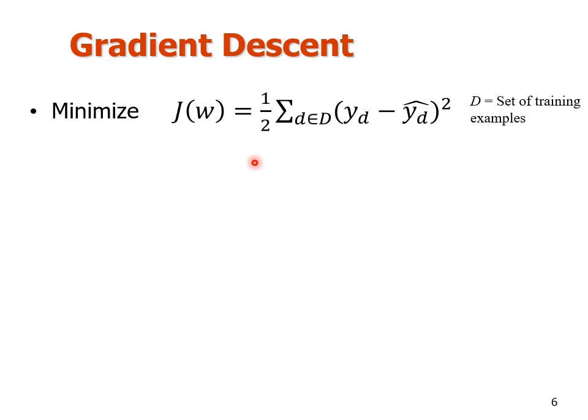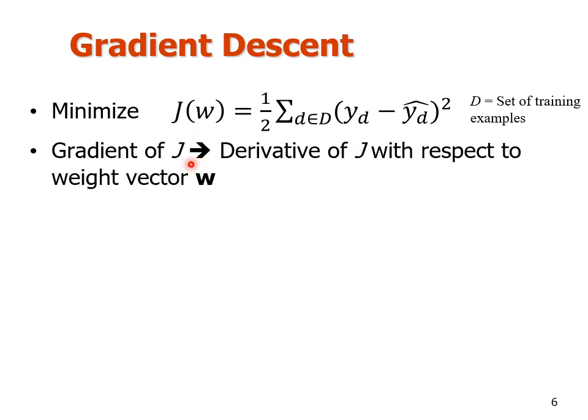And to minimize this J of w, we are computing the gradient of this function J. So the gradient of J is nothing but the derivative of J with respect to the weight vector w. So w has several components, say w0, w1 up to wn.